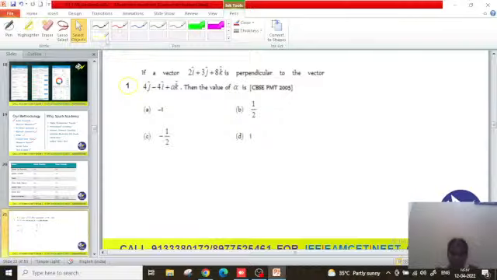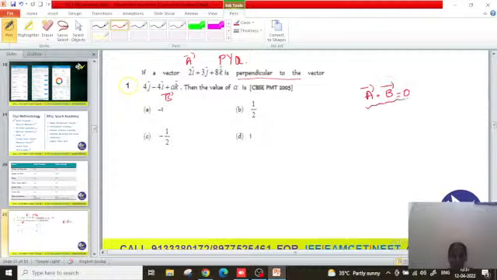Students, now let us solve a few previous year's questions. If the vector 2i plus 3j plus 8k is perpendicular to the vector 4j minus 4i plus alpha k, then the value of alpha is? They are saying that two vectors are perpendicular to each other. If any two vectors are perpendicular to each other, let us say the given vectors are a bar, b bar, their dot product will be equal to 0.